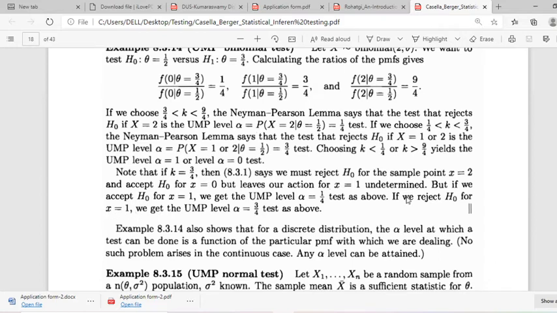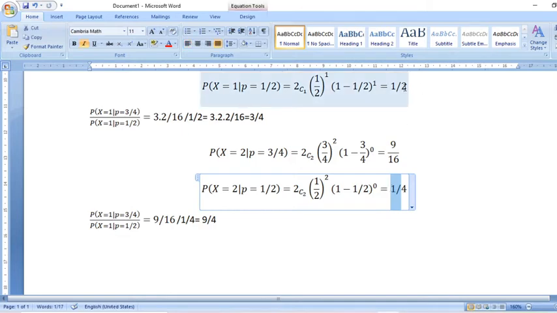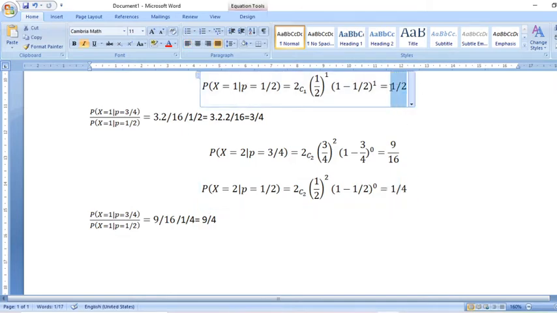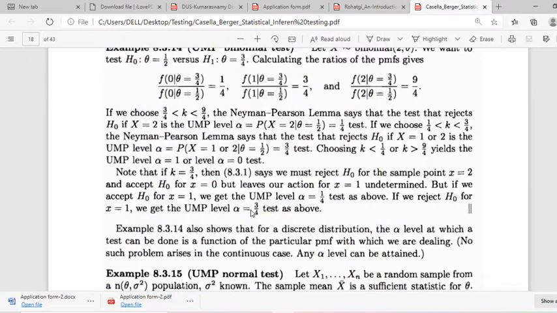So we have to add the probabilities of both cases. That means when x equal to 2 under null hypothesis, that is 1 by 4. When x equal to 1 under null hypothesis, that is 1 by 2. 1 by 2 plus 1 by 4, that equal to 3 by 4. Okay, so that rejection value will be alpha equal to 3 by 4.